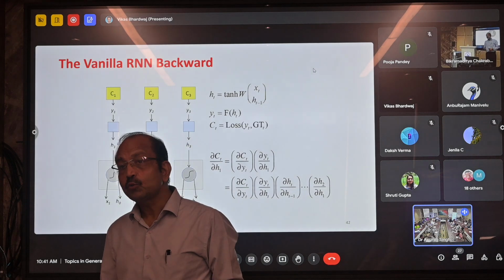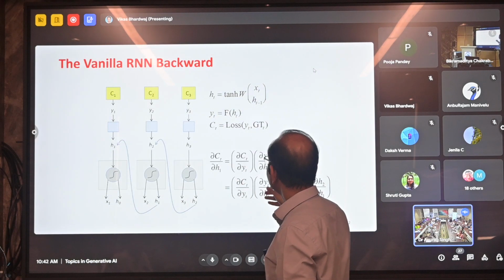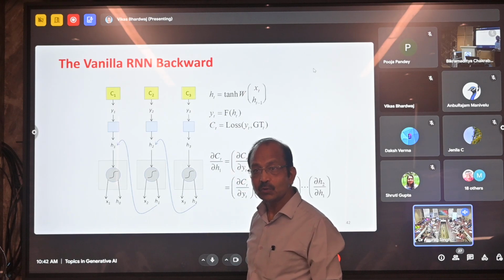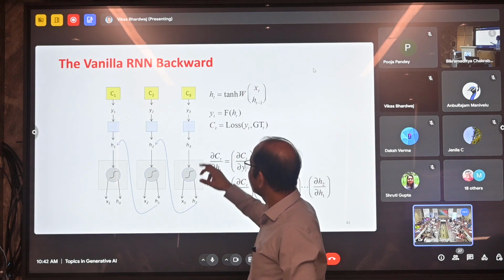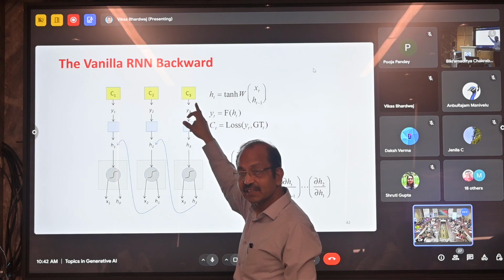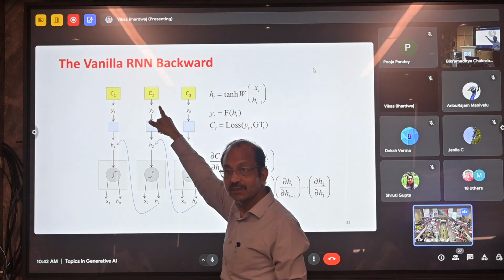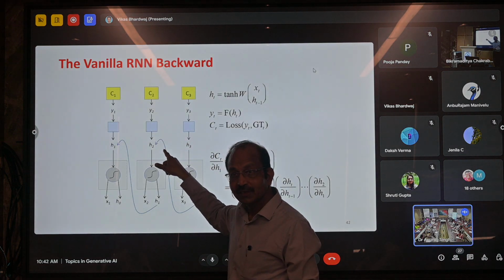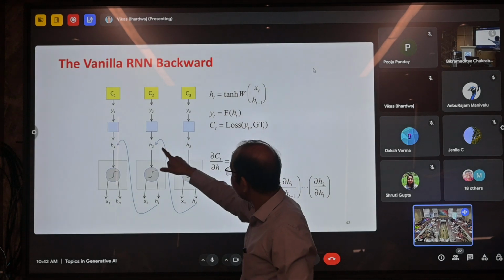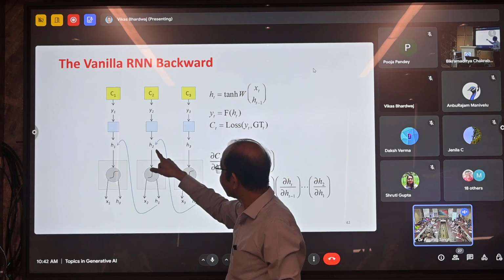When you are going to have multiple layers, you see that this is your loss function at time t equal to 3. So you are going to find out what is the change in your C3 with respect to W. This will also depend upon how your C2 is changing with respect to W. This also depends on how C1 is changing with respect to W, and also on the input coming in, because H3 is taking input of what?